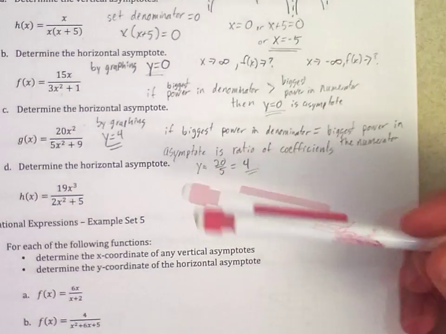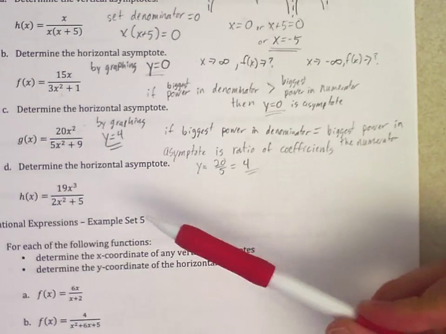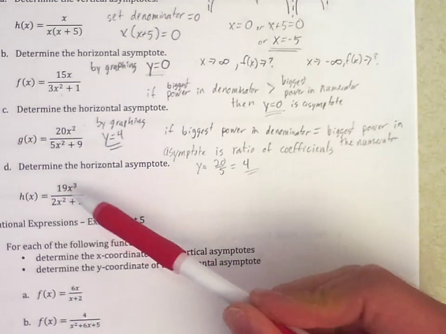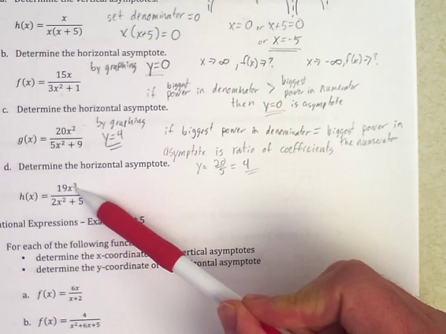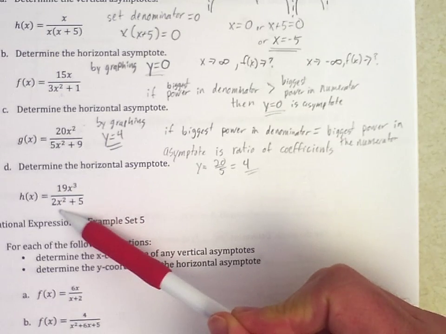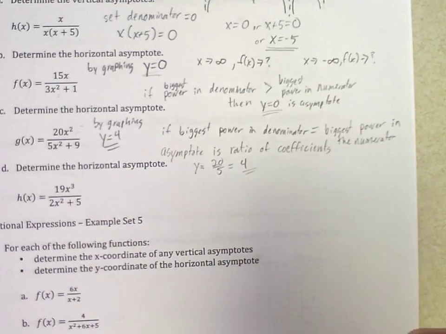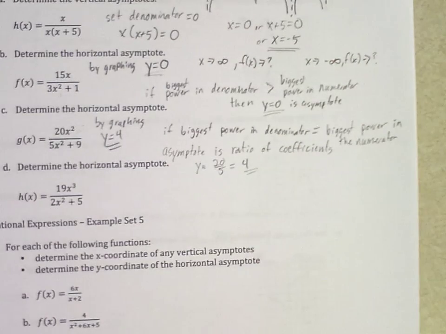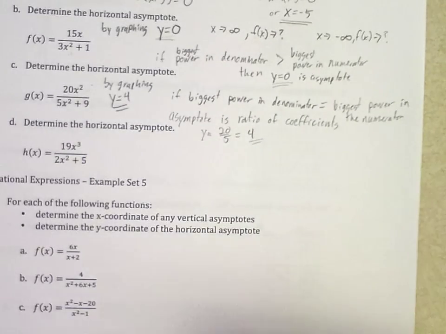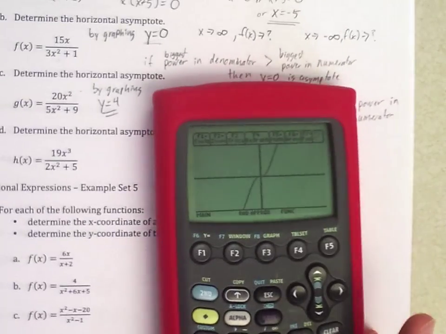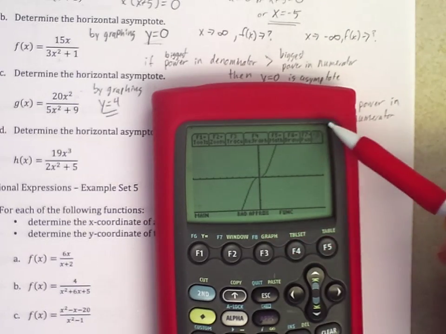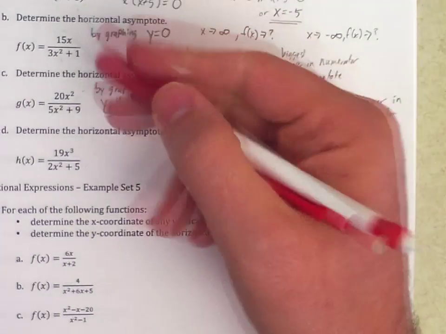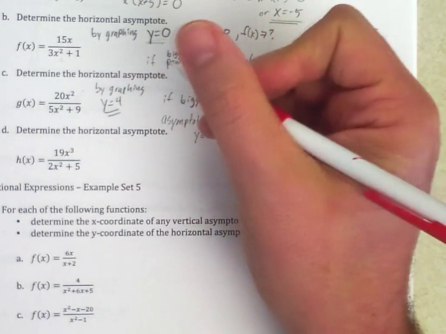Okay, and so part D, we have the third type of example. In this case, we have the power in the numerator is bigger than the power in the denominator. And so if we graph it, as we go out it just keeps going. So in this case, there is no horizontal asymptote.